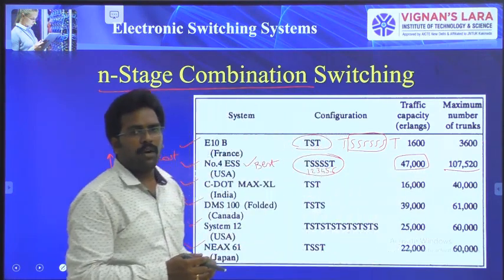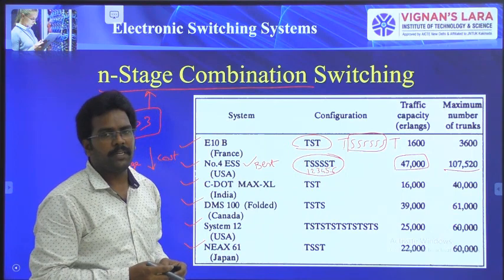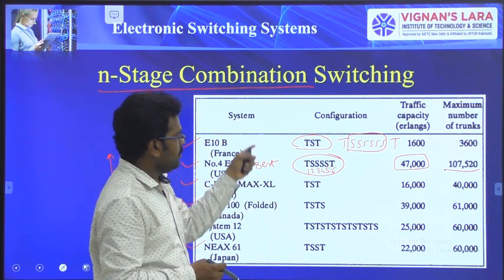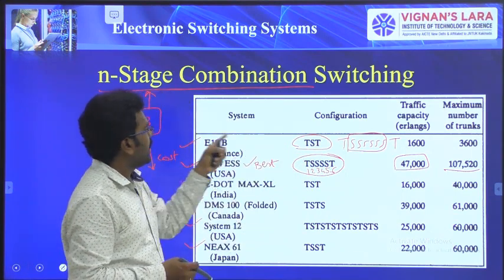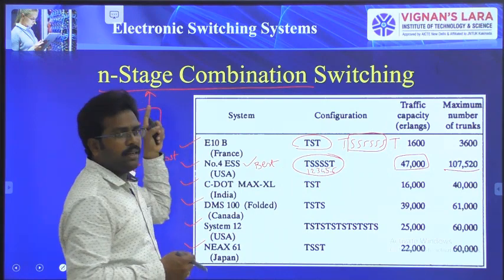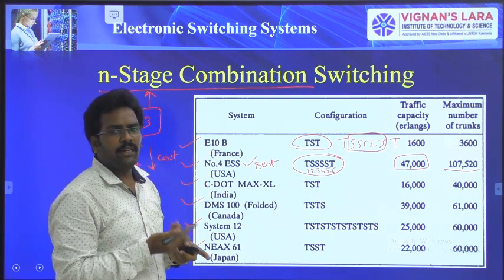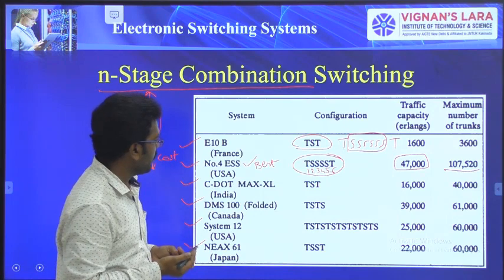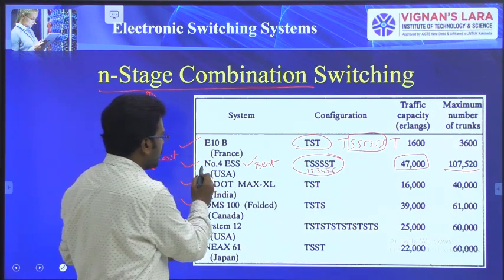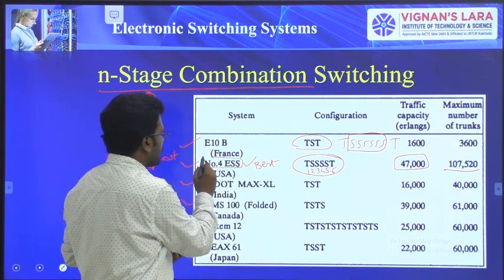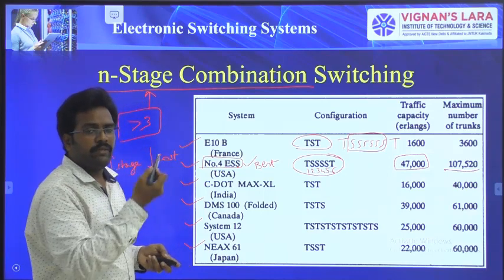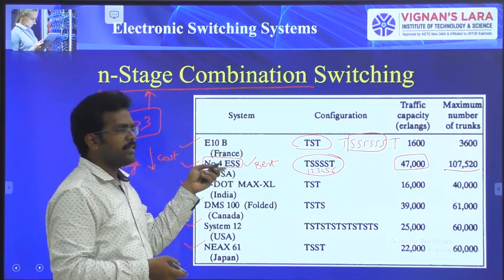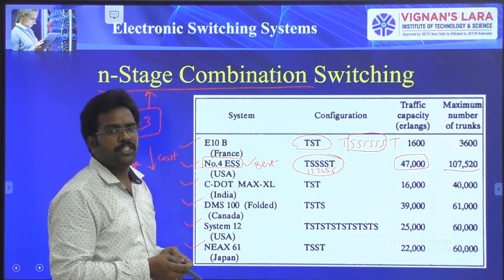So at a time, 47,000 subscribers can communicate. This is the advantage of using an n-stage combination switch. In the upcoming topics also we are going to discuss this number 4 ESS switching system.